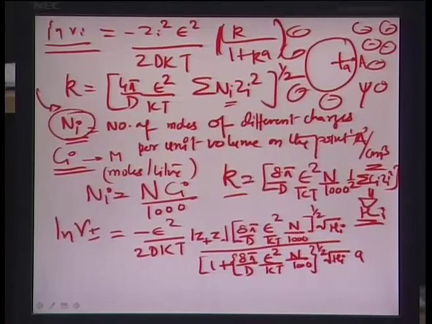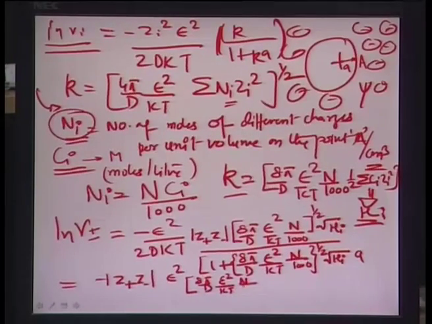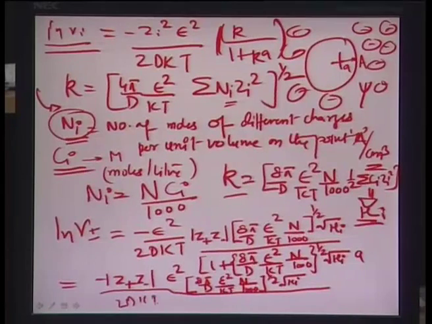We could couple this all together and just write it in the following manner: |z+ z-|, of course modulus, and ε² is taken here, writing the value of 8π/d ε² by kT N/1000 half root μI, and in the denominator you have 2dkT plus 2dkT times of 8π/d e² by kT N/1000 whole half root of μI times of a.